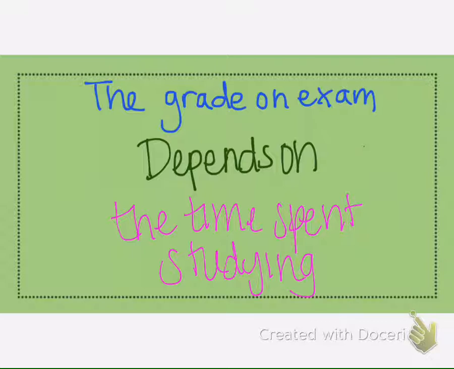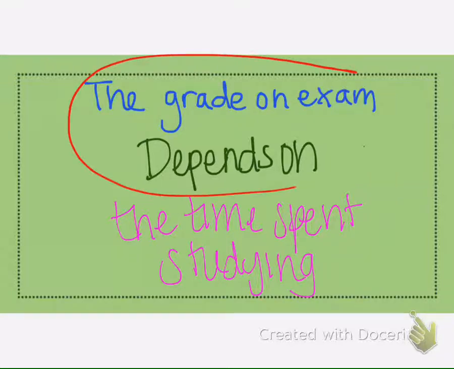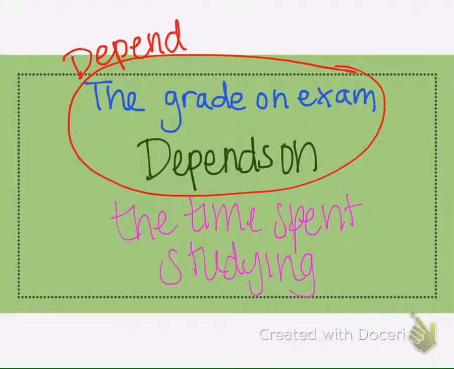So hopefully you're thinking the grade on the exam is dependent on the time spent studying. Since the grade on the exam depends, it's the dependent variable. We also call that the output variable.